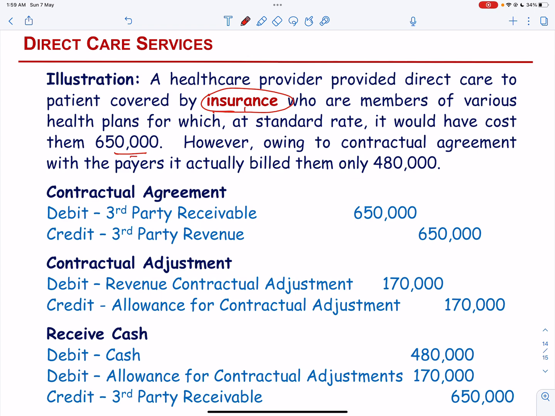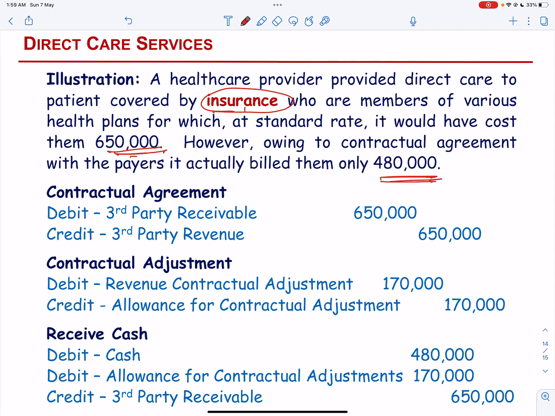However, owing to contractual agreement with the payers, it actually billed them only 480,000. So if the individual do not have health insurance, we would bill them for 650,000, and patients having health insurance, we are going to bill them for 480,000.